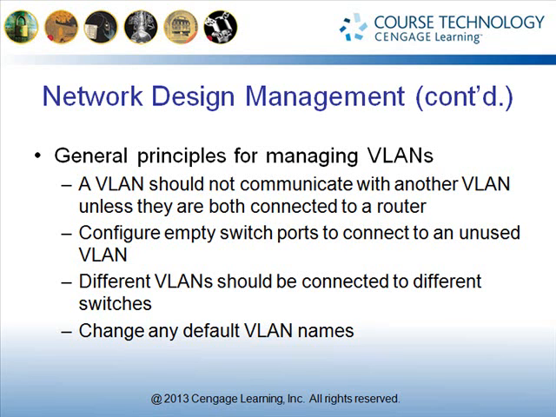We should change any VLAN default names. And we should configure the ports on the switch that pass tagged VLAN packets to explicitly forward specific tags. And VLANs should be configured so that public devices like a web app server should not be on a private VLAN, so users will not have to have access to that VLAN.